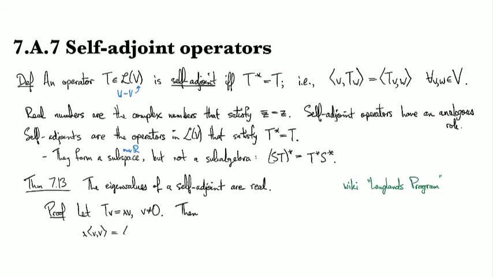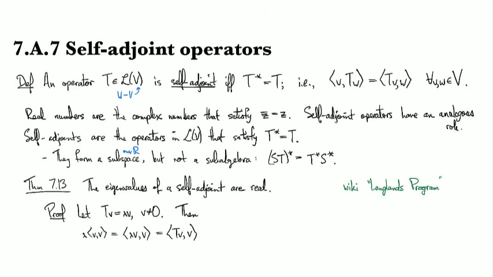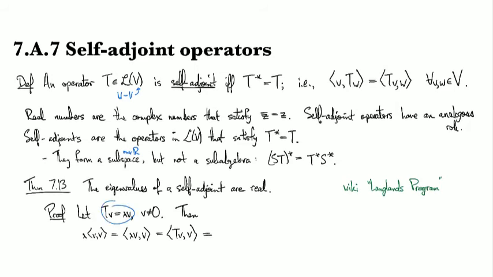And so if we use linearity in the first slot, then we have the inner product of lambda v with v. But by our definition, this was the inner product of Tv with v, right, Tv is lambda v. And then by self-adjointness, I use this one right here.